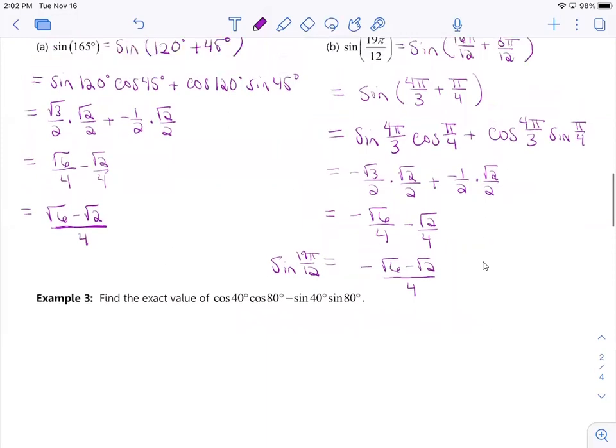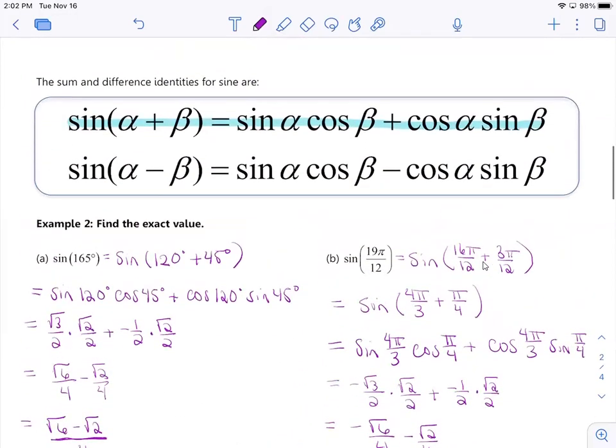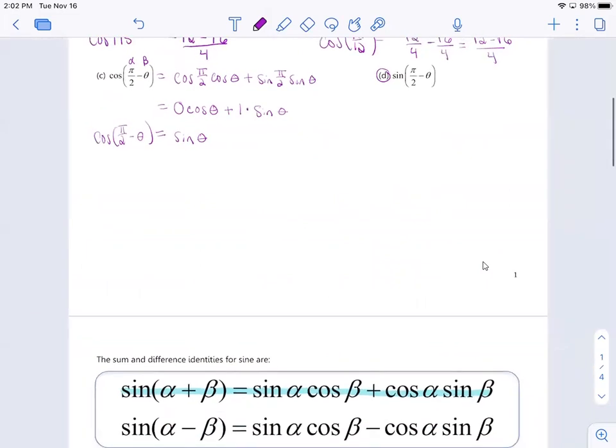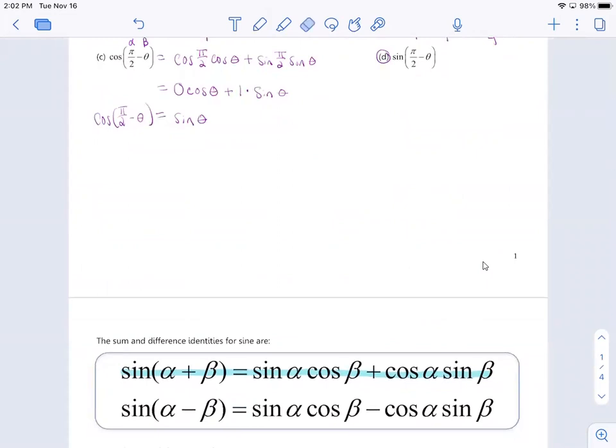All right, let's go back to D. So let me zoom out a little bit. So that's sine of pi over 2 minus theta. I'm going to use this lovely identity now because it's the difference one.